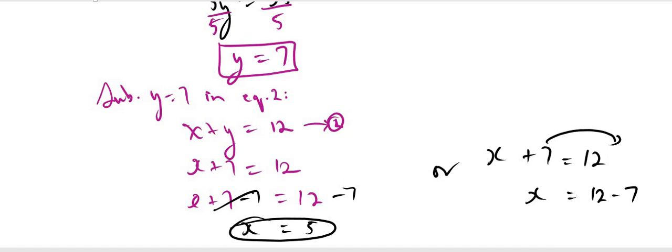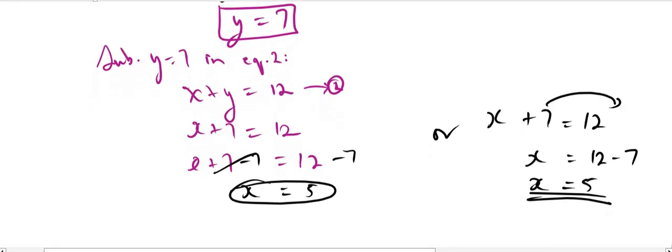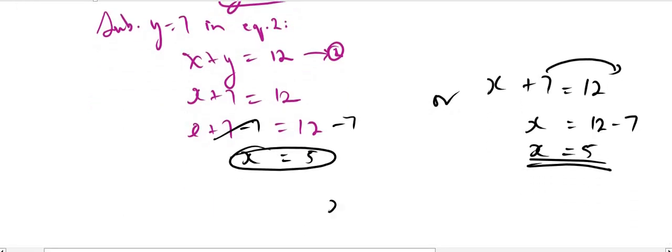Why not? Because it was already there. It's already there on that side, right? Yeah. Very good. So that's going to give us what? 5. So that's another way you can do it, transposing, rather than taking the number from both sides. Alright, so we know that x is equal to 5 and y is equal to what? 7. Remember, we can always check our answers, right?